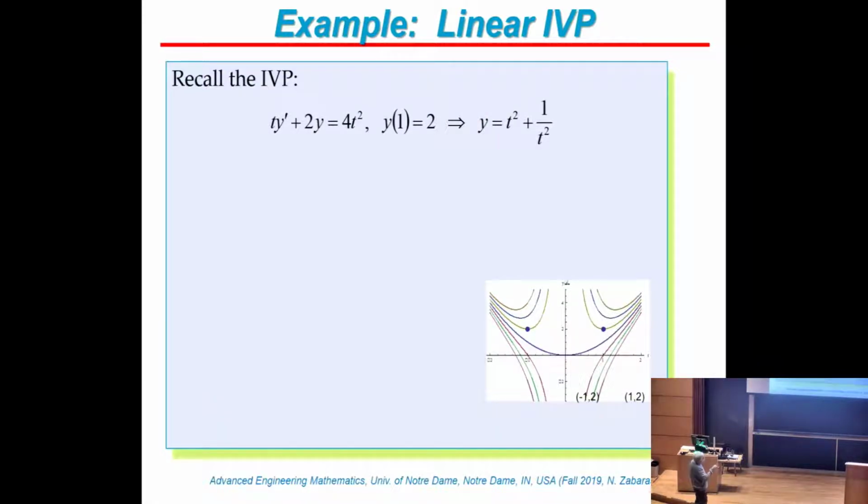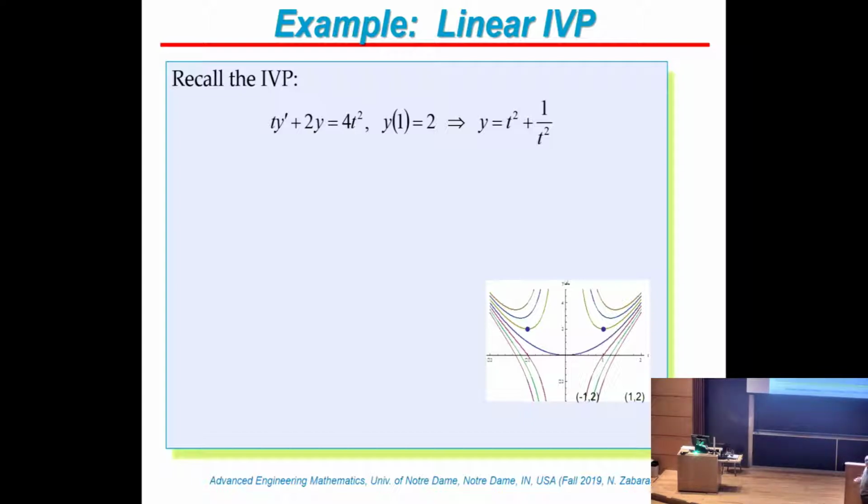Now, I am not going to change the initial condition in this particular case, but can you give me one initial condition where the theorem will fail? Y at 0 equal to something. Can you see that?